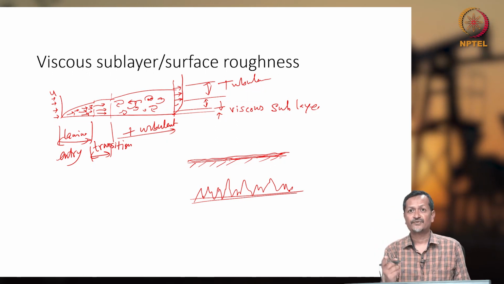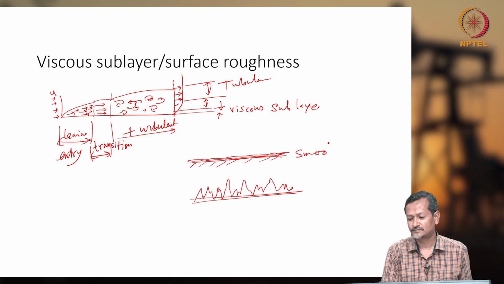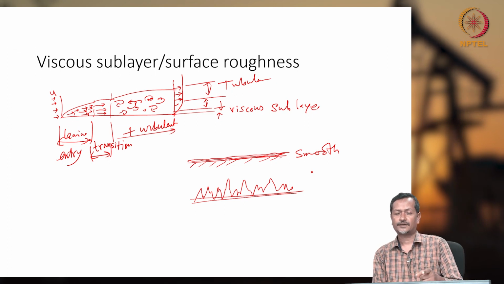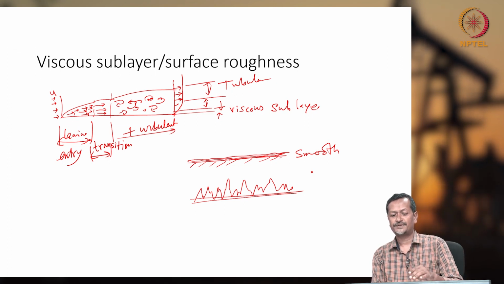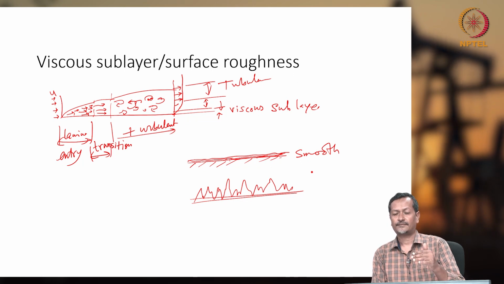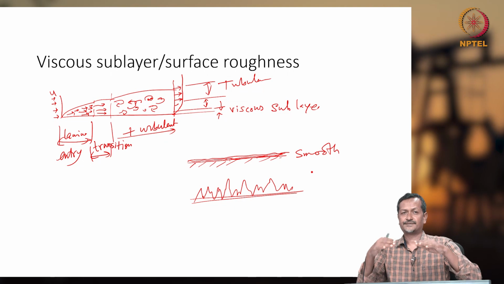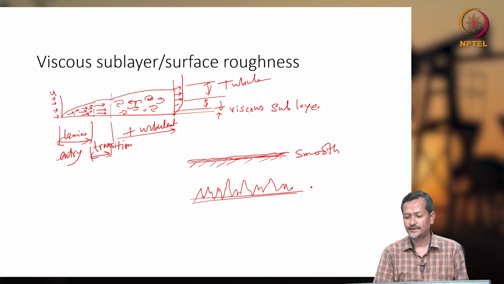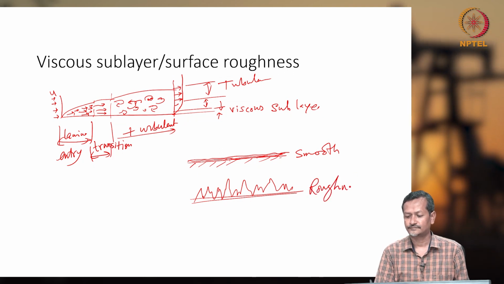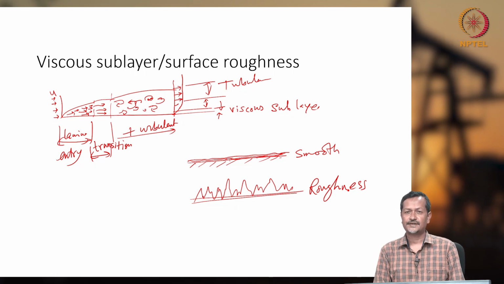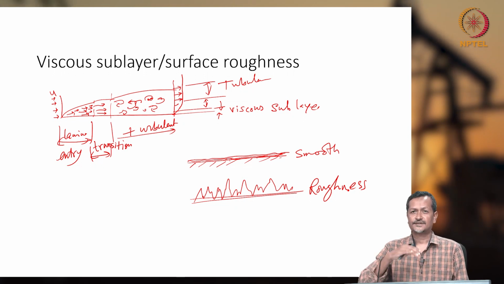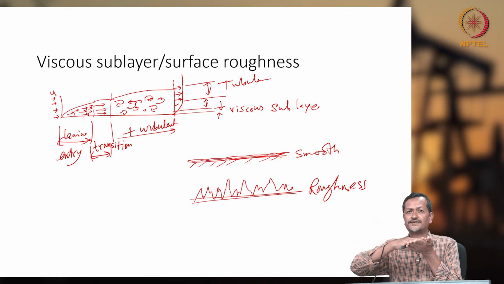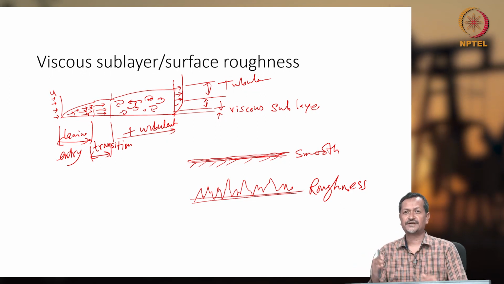When fluid is flowing over a smooth surface, this is smooth. If I see it in the microscope, then we can see a rough terrain or rough surface. Certain surfaces already have roughness like this; for example, cast iron normally has a very rough surface, but in some cases, like a blade, the surface is very smooth, or a mirror surface is very smooth, or your computer screen is very smooth.